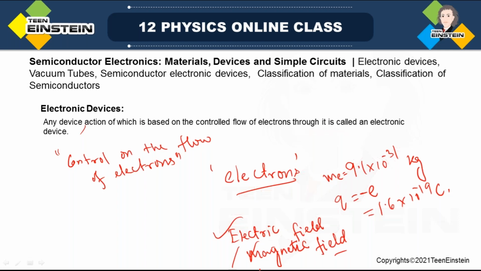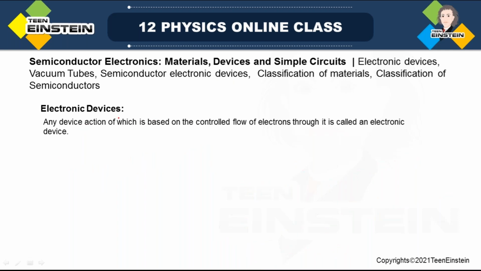Now the branch of physics which deals with the study of electronic devices, electronic behavior, and all those things is called electronics.